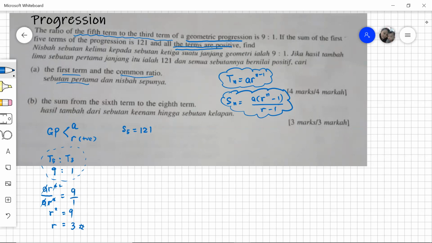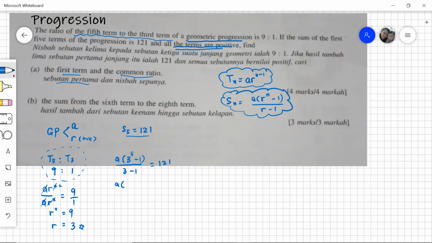We can use this S5 equals 121. Okay, let's replace the formula of S5. That will be A, R is 3, so (3 to the power of 5 minus 1) over (3 minus 1) equals 121.